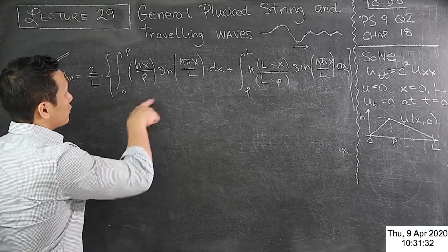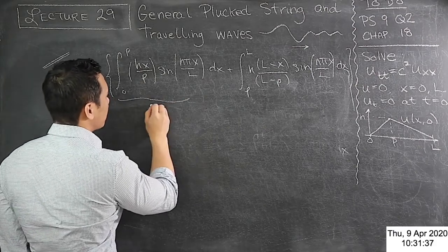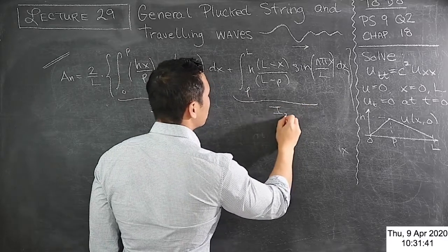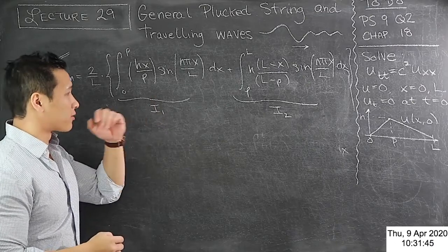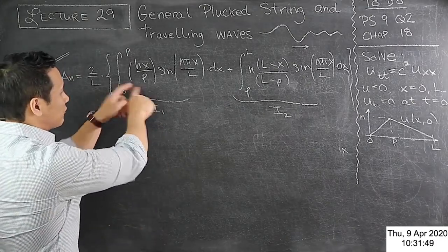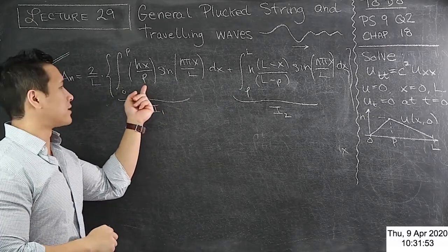The next thing you should notice is that if I call this part of the integral I1, and this part of the integral I2, you can go and compute each one separately, and they're both going to require an integration by parts, right? Because you have a linear function here times a sinusoidal, so you'll let u be this linear function.